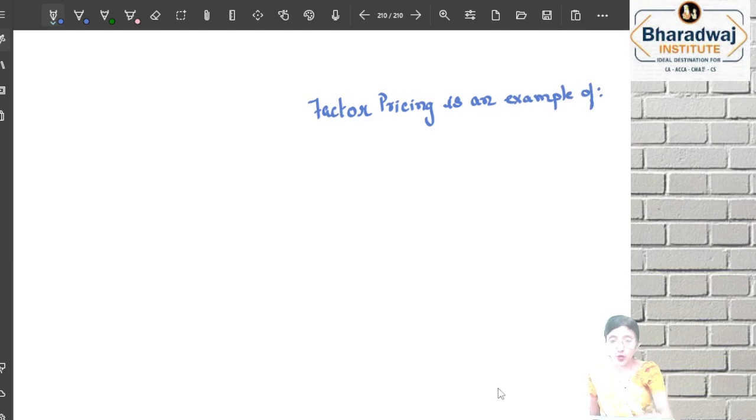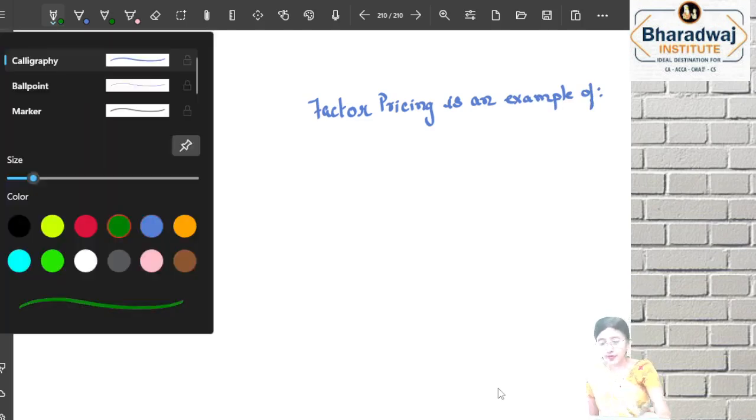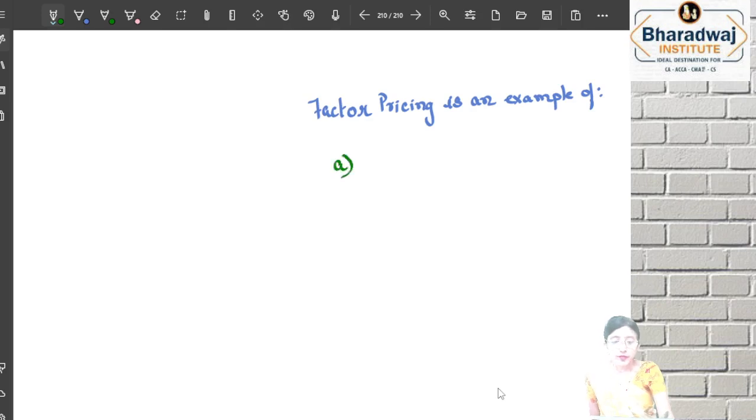Just to tell you how micro is a little difficult. Please remember, let it be product pricing or factor pricing, it will appear like macro.